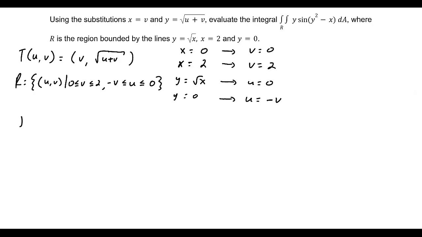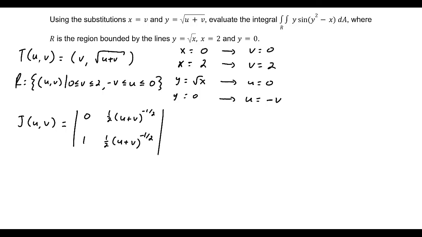So the Jacobian matrix of (u, v) is equal to the determinant of a first row of 0 and 1/2 (u plus v) to the negative 1/2, which is the derivative of y with respect to u. And then our second row is 1, and 1/2 (u plus v) to the negative 1/2.